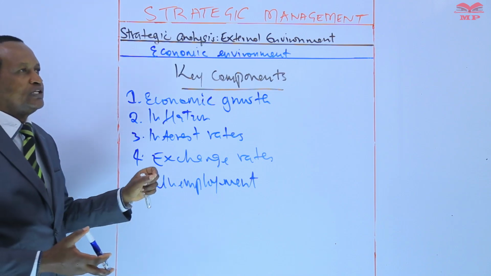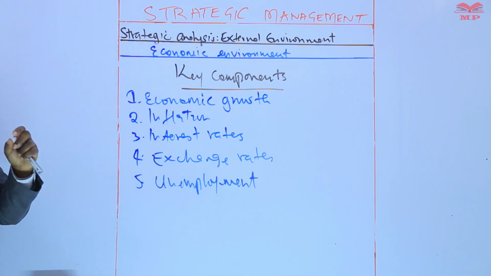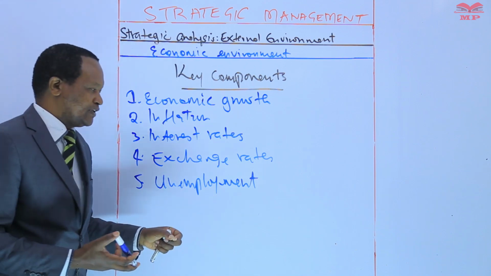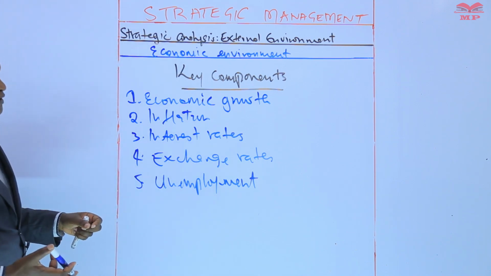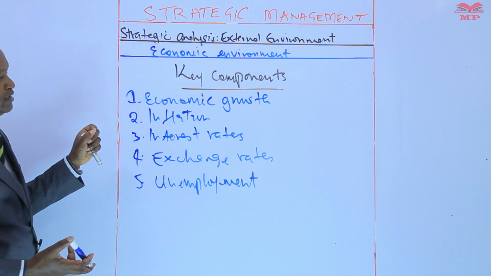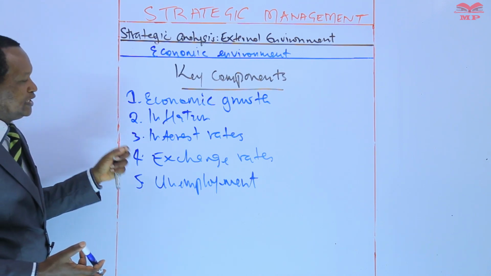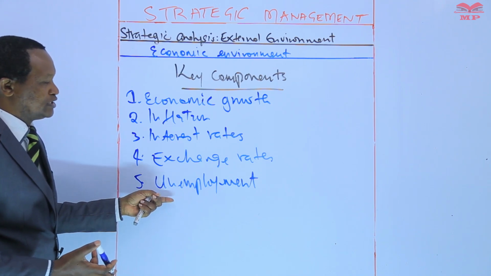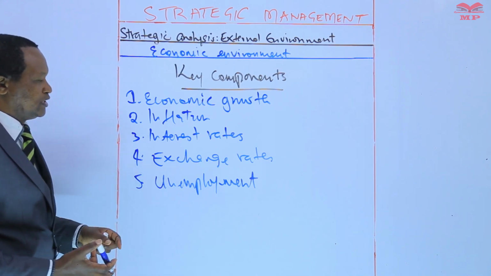Unemployment levels can also influence consumer spending and talent availability. So when analyzing the economic environment, the levels of unemployment ought to be considered because it has an impact on the company's operations.